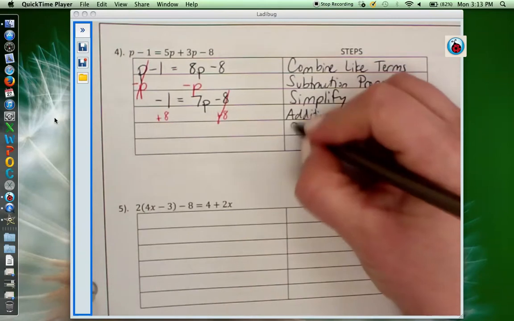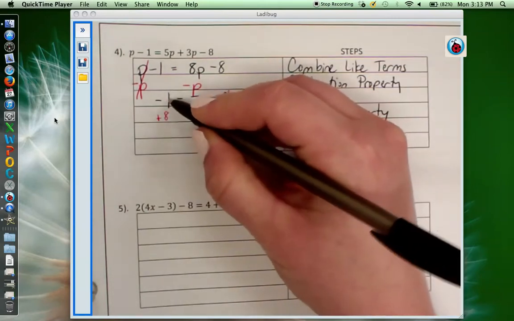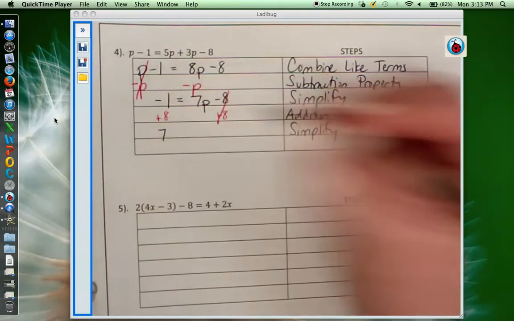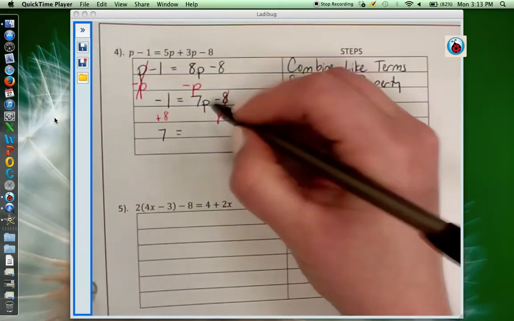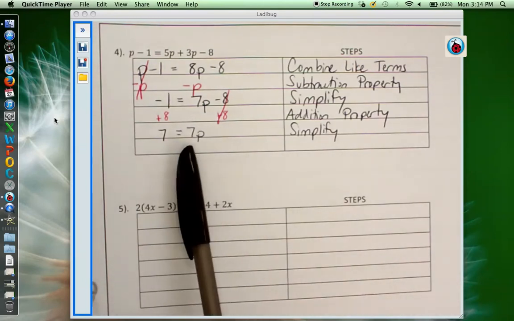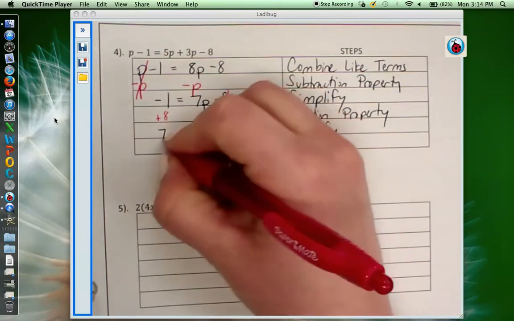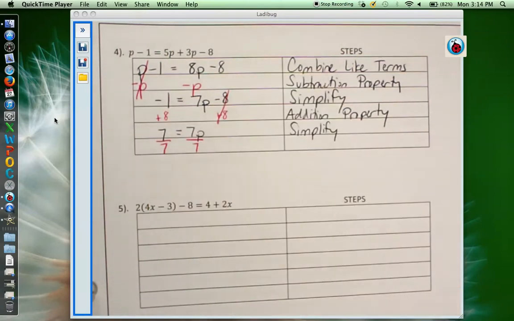If I simplify, the left side, negative 1 plus 8 is positive 7 equals 7p. Very convenient. We're almost there. P is almost by itself, but I got to get rid of that 7. So my very last step is going to be to divide by 7 on each side to cancel the 7 in front of the p.